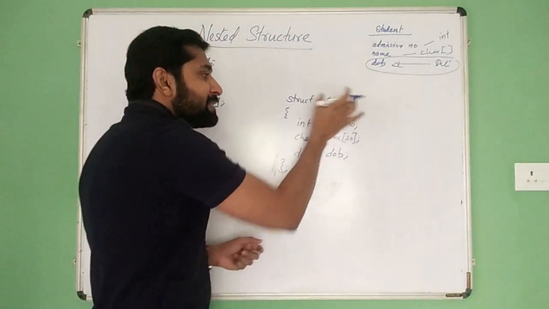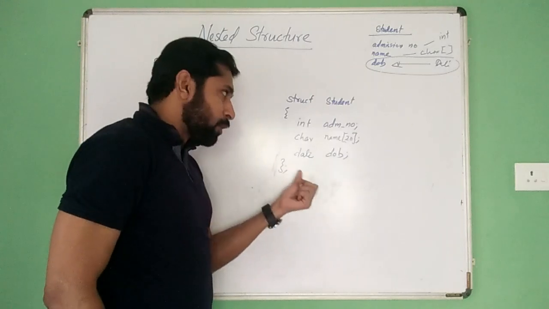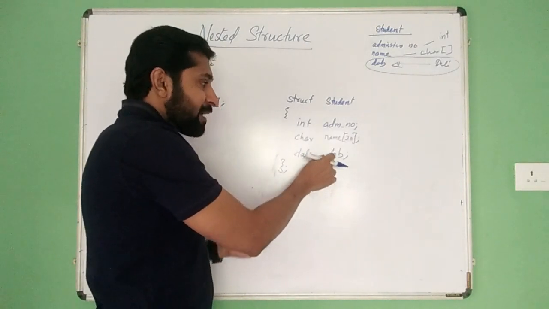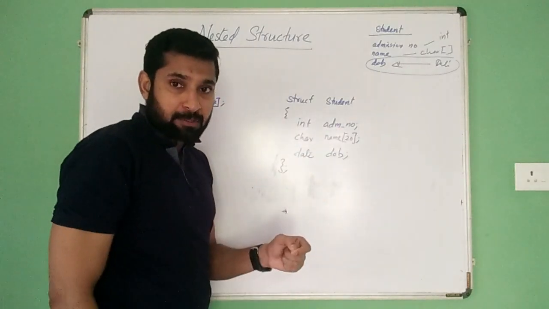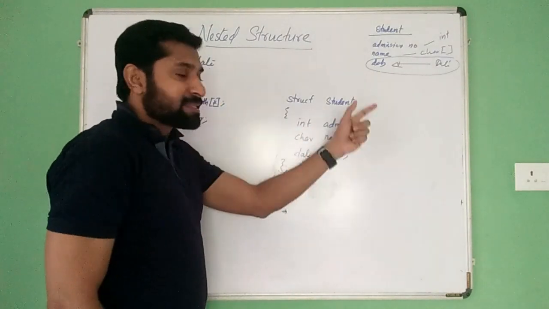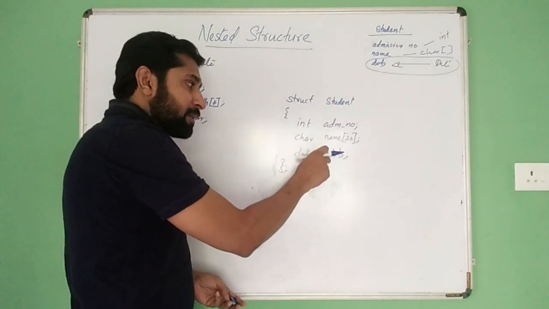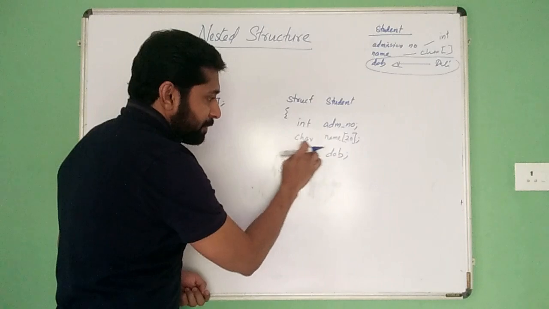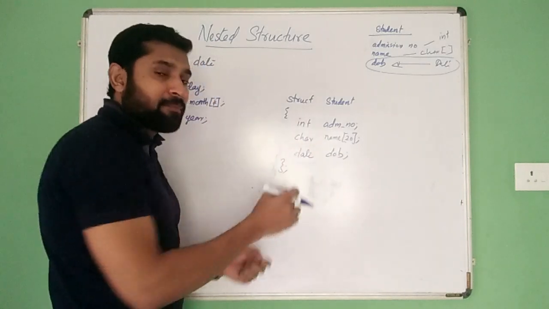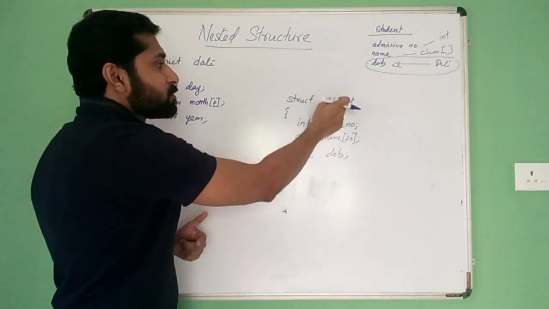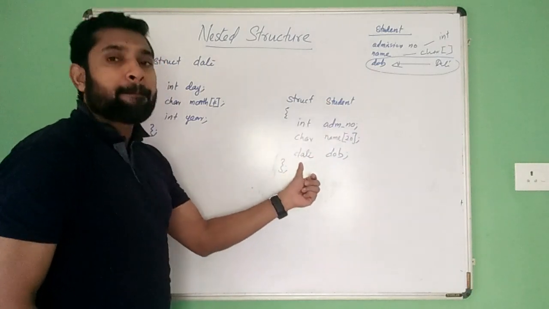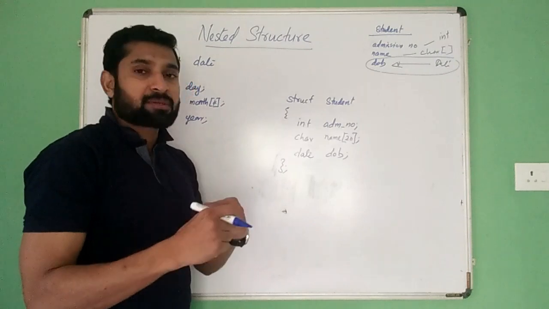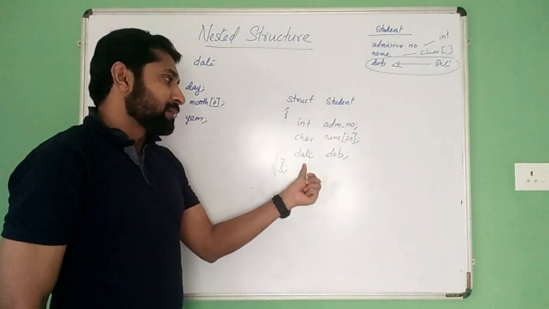So this student is a nested structure because it has a structure as one of its elements. We have date of birth inside, an element of date data type, which is already a structure inside the student. So if a structure comes inside another structure, it is called a nested data structure.